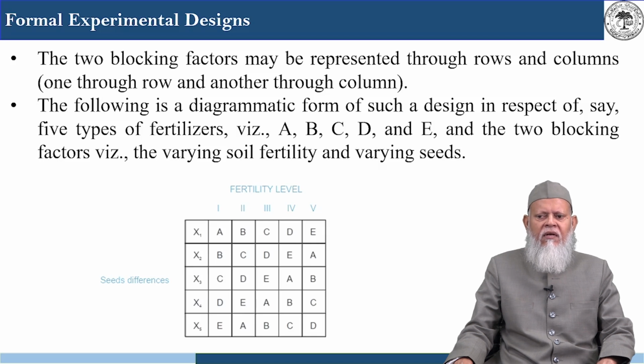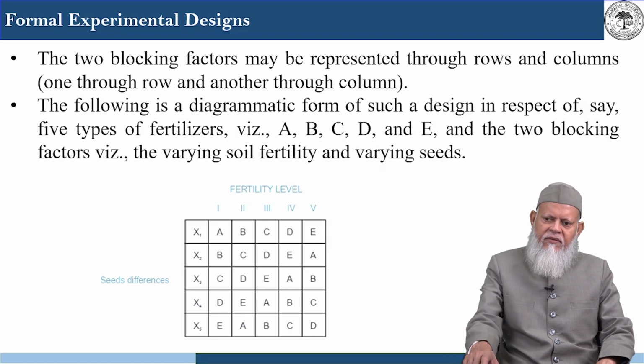The following diagram gives the form of such a design in respect of, say, 5 types of fertilizers with A, B, C, D and E, and the two blocking factors or the extraneous variables, that is the differences in the quality of seed and the difference in the soil fertility of the lands. So, this is the design which is before you.